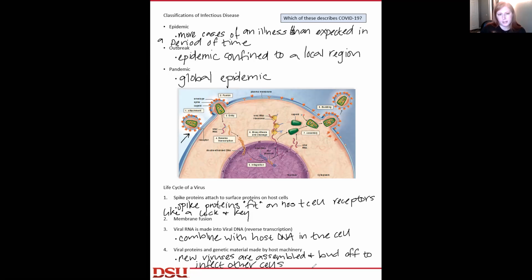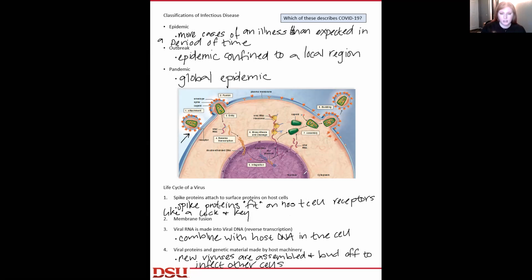That's kind of why I call viruses hijackers, because it's what they do. They hijack the cell. And so because viruses don't have any organelles, they have no way to make proteins.